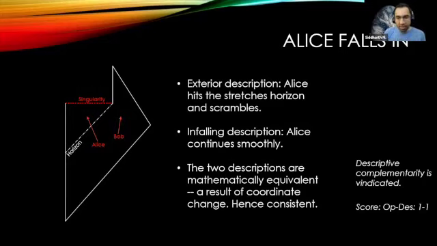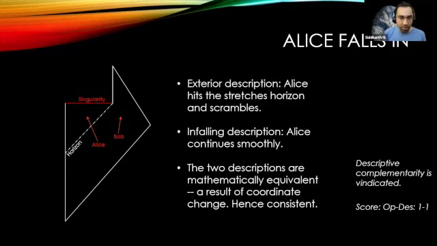But notice that these two descriptions are mathematically equivalent. You can see this even from just classical general relativity. In classical GR, in infalling coordinates, Alice will just smoothly cross the horizon. In Schwarzschild coordinates, Alice will approach the horizon closer and closer, but won't ever cross the horizon in finite time. But those two descriptions can be translated among each other by just changing coordinates.